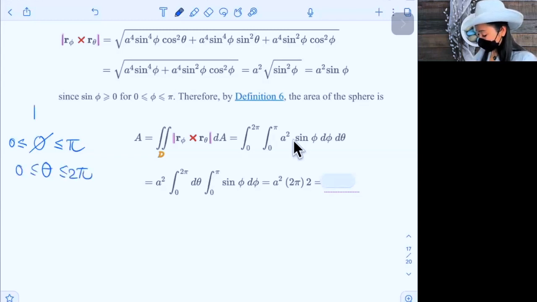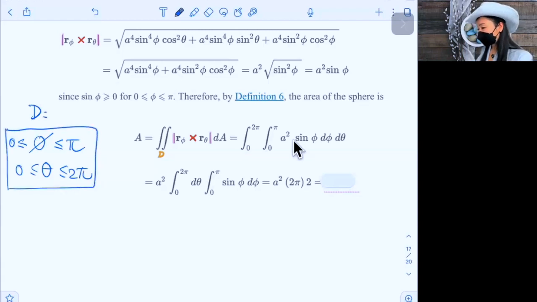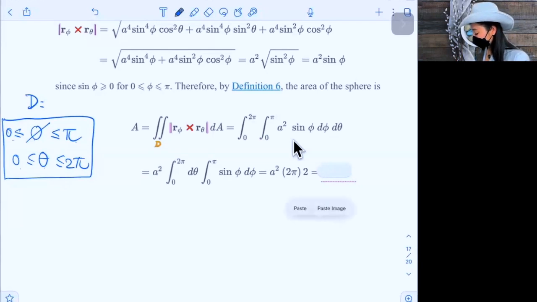So the region D is this. It's a rectangle with phi between 0 and pi, theta between 0 and 2 pi. Then you're going to enter over here. So we replace the dA here by d phi d theta. Phi goes from 0 to pi, and then theta goes from 0 to 2 pi.